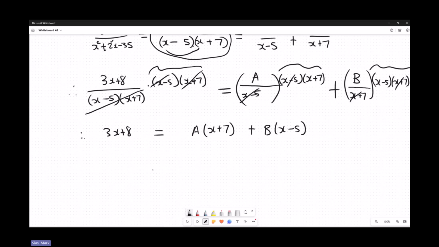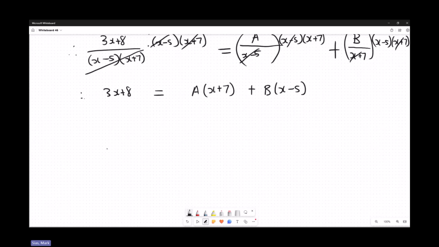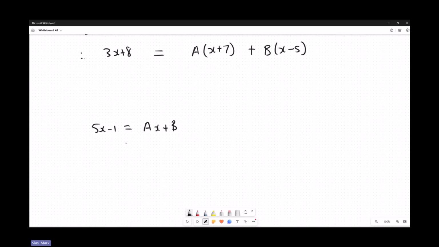Now, there are a number of ways to solve this, okay? If I say to you, for example, that 5x minus 1 is equal to ax plus b, leave that problem for now, we'll come to that one on top.